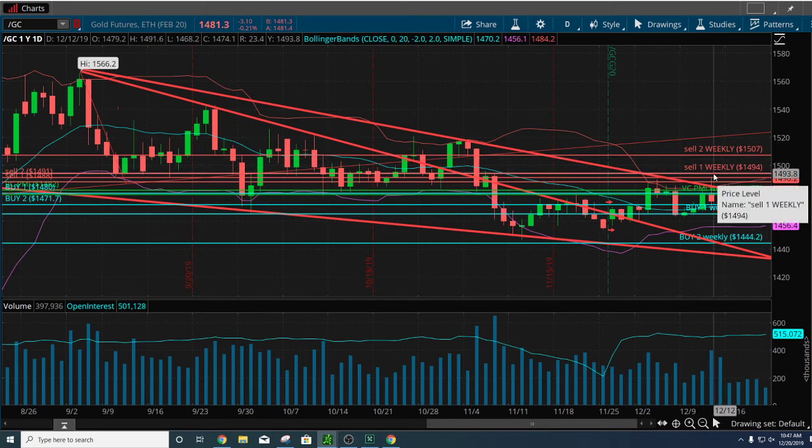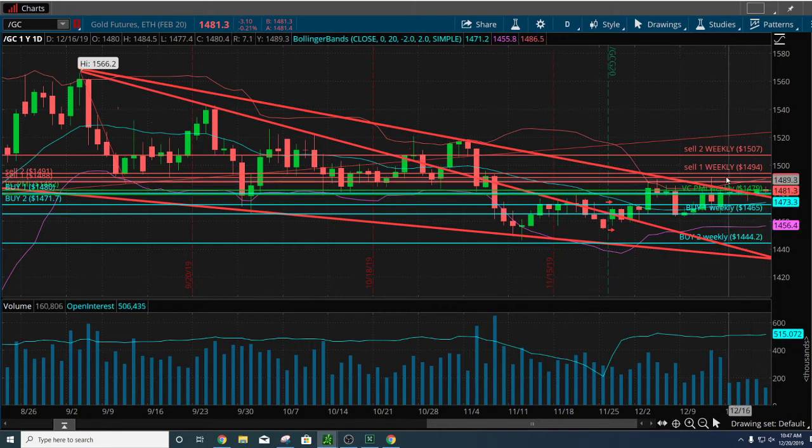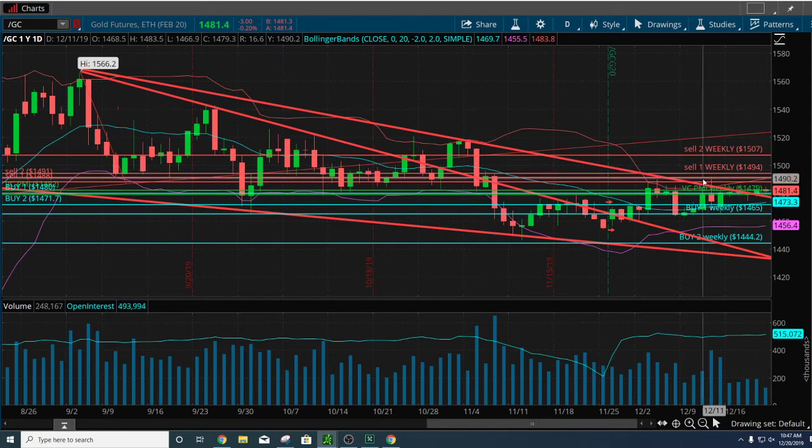The sell 1 level of 1494, if accomplished and the target is activated, will give you a 90% probability signal that the price could revert back to the mean, back to 1480. If it doesn't produce that signal, and it closes above 1494, that is a weak buy signal with a 10% probability that the price will go up.